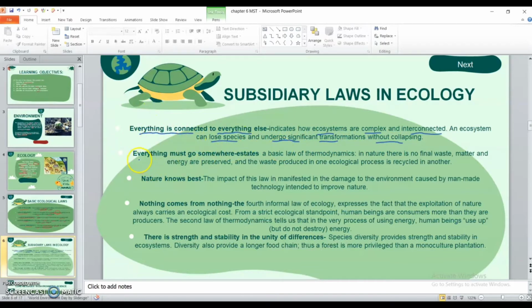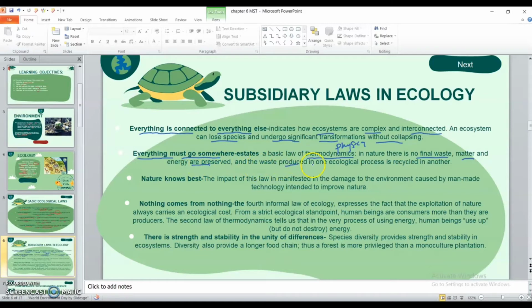Second is, everything must go somewhere. It states the basic law of thermodynamics, or the basic law of physics, same as that. In nature, there is no final waste; matter and energy are preserved.